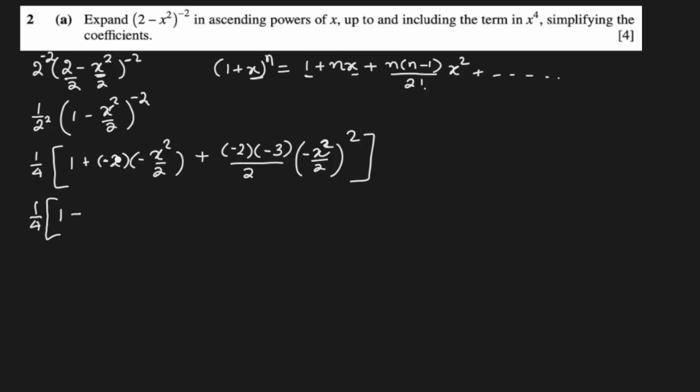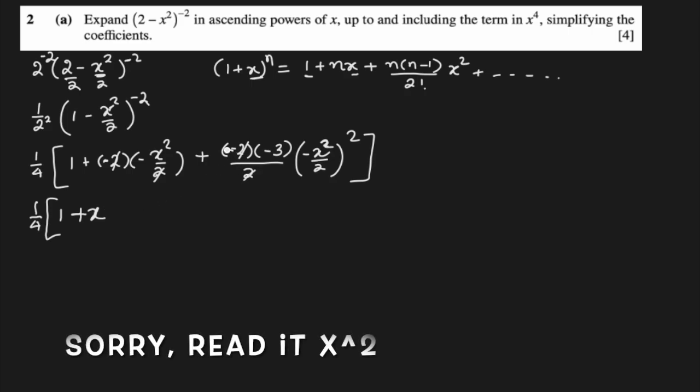This 2 and this 2 can cancel. This negative x and this negative x, they become positive x. Okay, next this 2 and this 2 again cancels, and this negative becomes positive, and we are left with just 3.